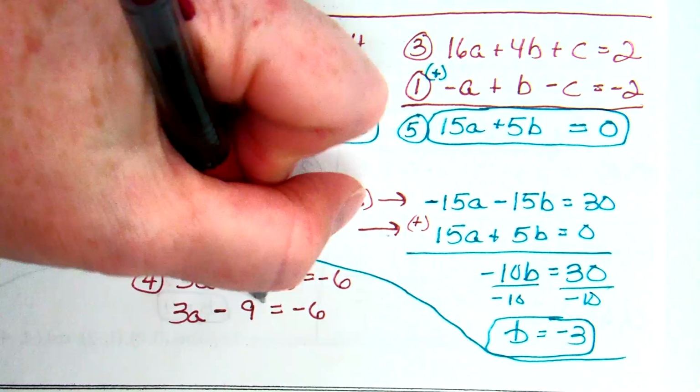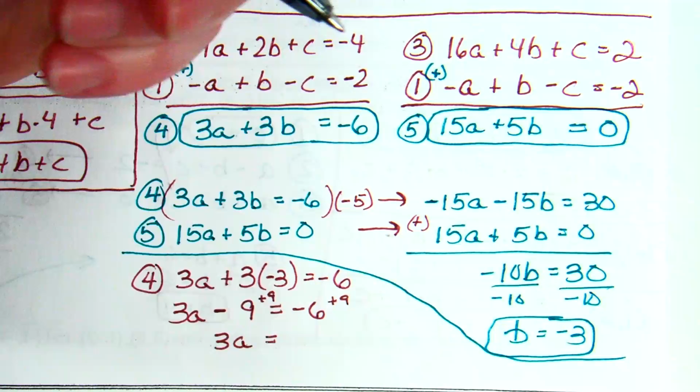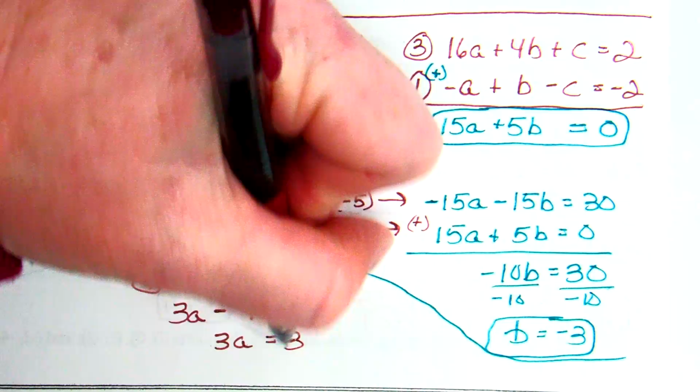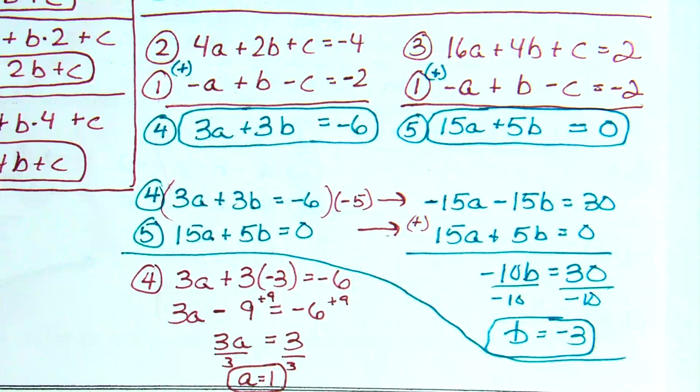So if it's 3A minus 9, we're going to add 9. So 3A, negative 6 plus 9 is 3. A is 1. Again, as I said, the work at this point is just aftereffects. What's next?